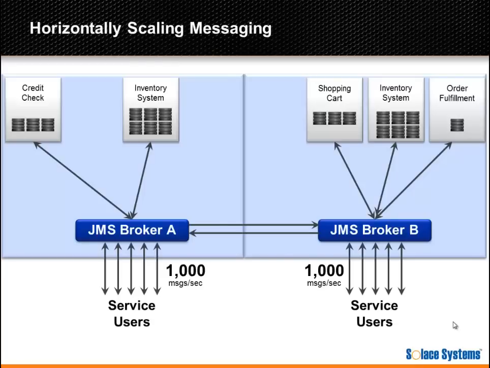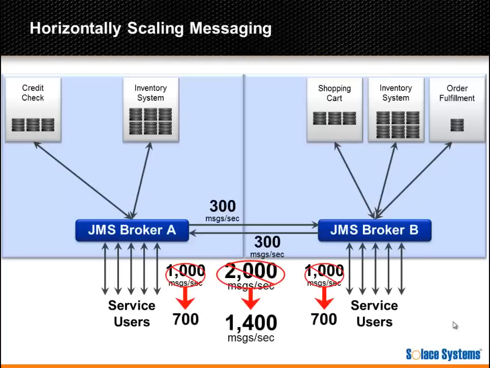Now let's say that as a result of this, you end up needing 300 messages per second of volume to be exchanged between both broker A and broker B in each direction. Now, since each broker has an aggregate input capacity of 1,000 messages per second, if 300 of those come from the mate broker, that means that the input rate from external users is now no longer 1,000 messages per second, but is 700 messages per second.